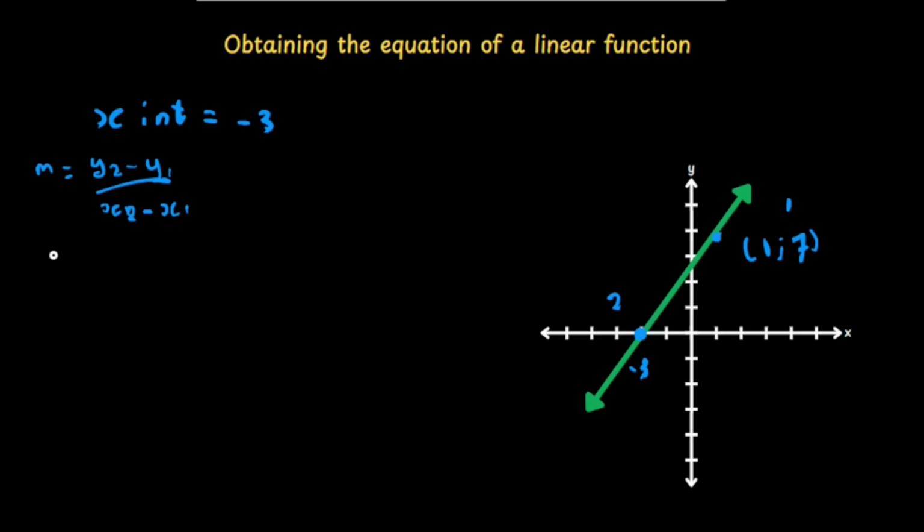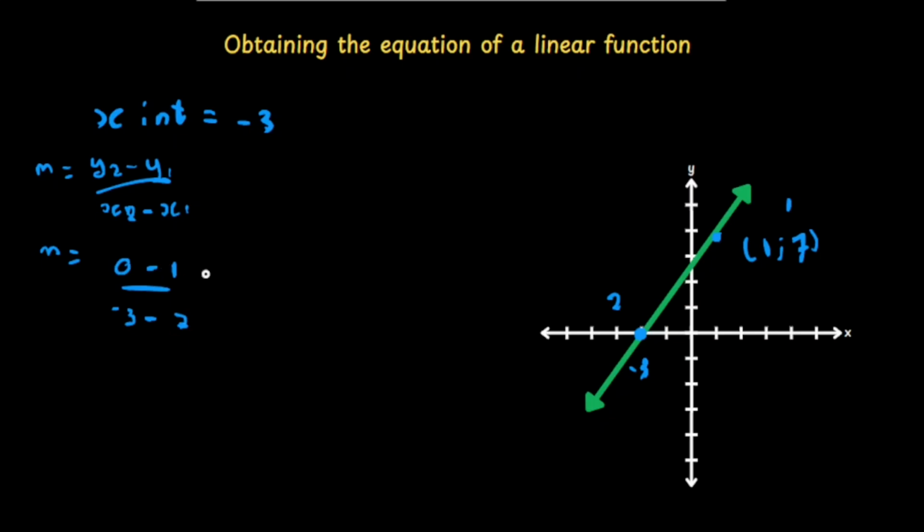So in this equation, this would now become m is equal to 0 minus 1, all over -3 minus 7, right? So those are our points.